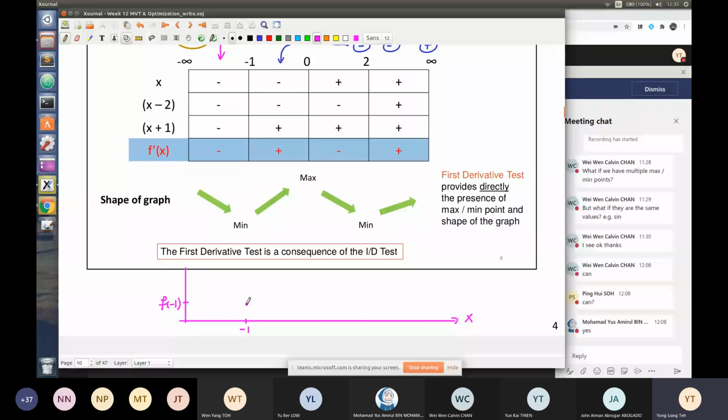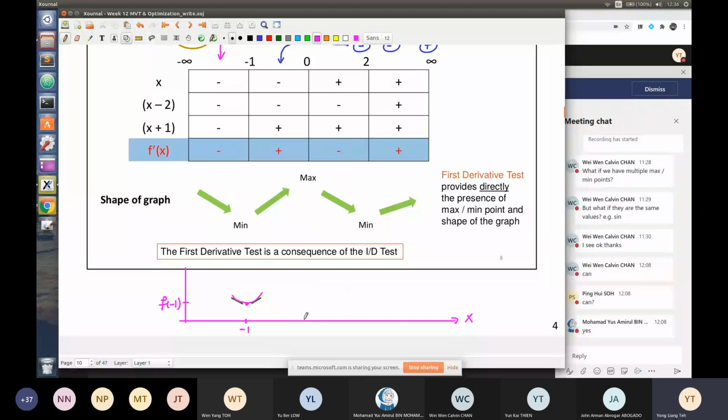So I can get this function value. Then subsequently, because I already know from my first derivative test that this guy is negative sloping gradient, hold on, let me use the same color. Negative sloping gradient. This guy is positive sloping gradient. So I'm able to sketch this point already. So there is a minimum point here. Hence, I can repeat the same for the other 2 points.